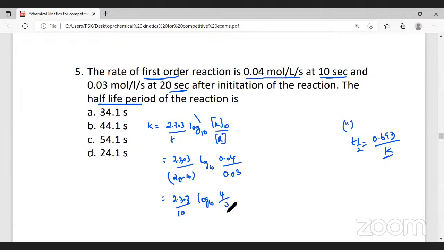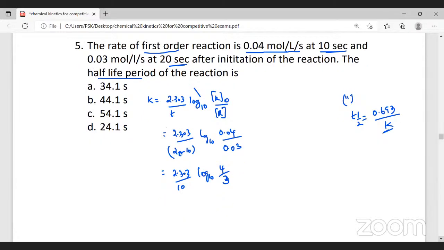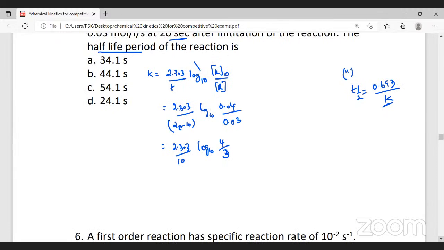4 by 3 can be written as log 4 minus log 3. You should memorize the log values from 1 to 10. So it will be 2.303 by 10 times log 4 minus log 3.